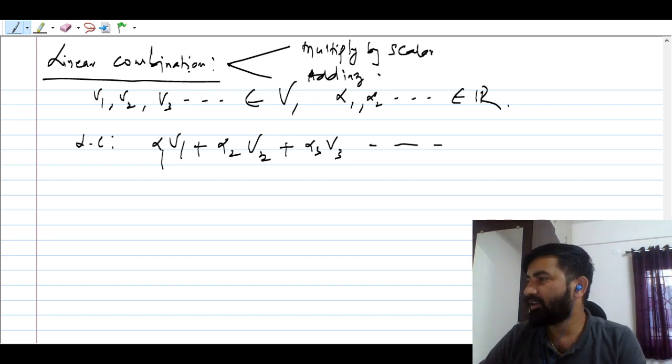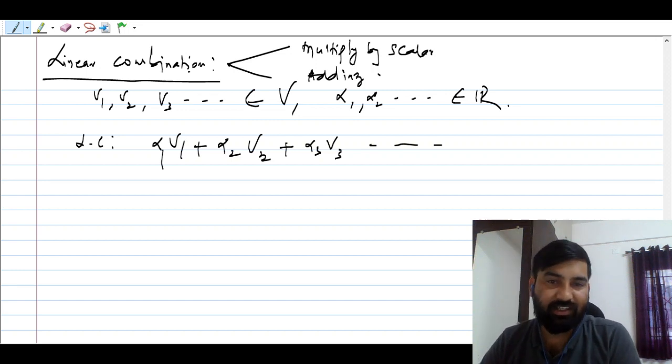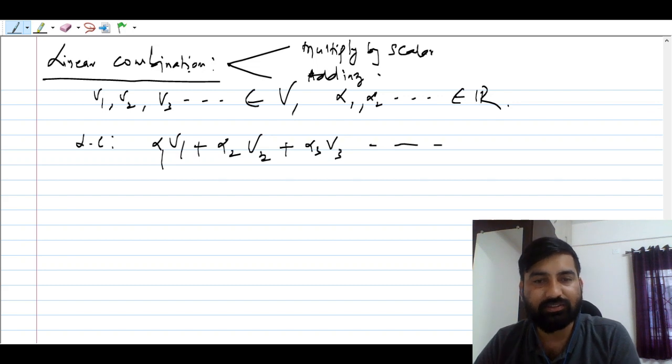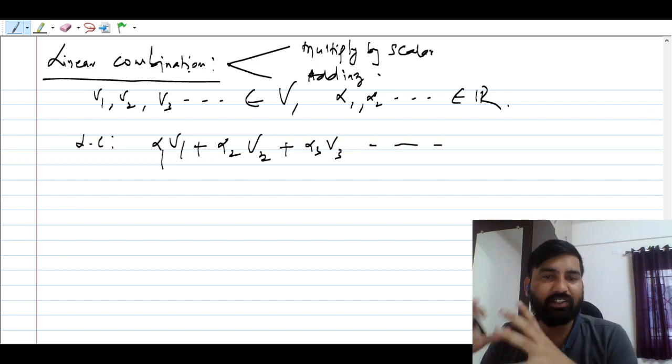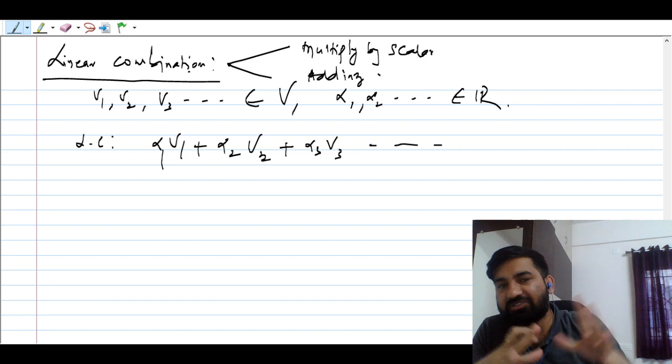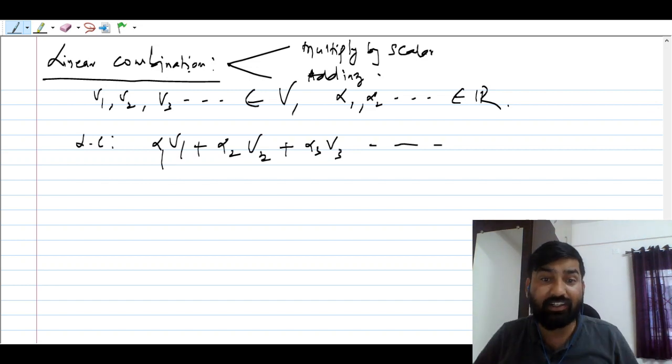So it's a very simple approach. The linear combination of a handful of vectors generates infinitely many vectors. Remember, if you have the linear combination of some vectors, you can generate infinitely many vectors.